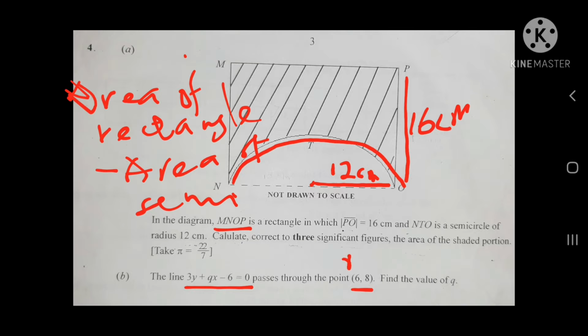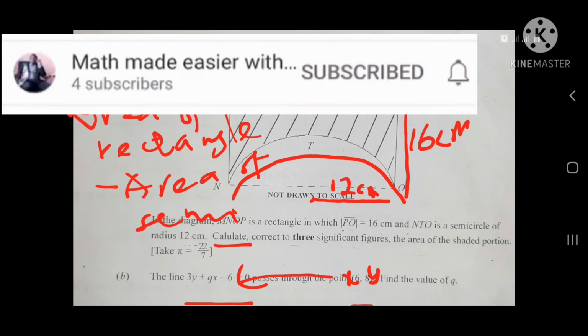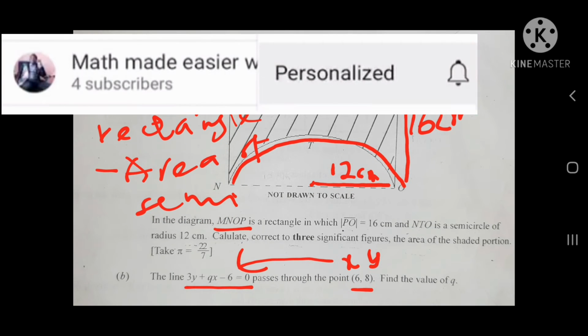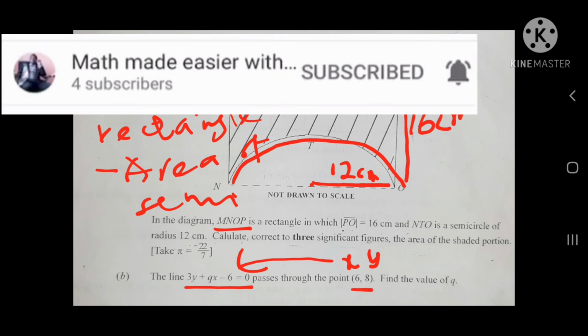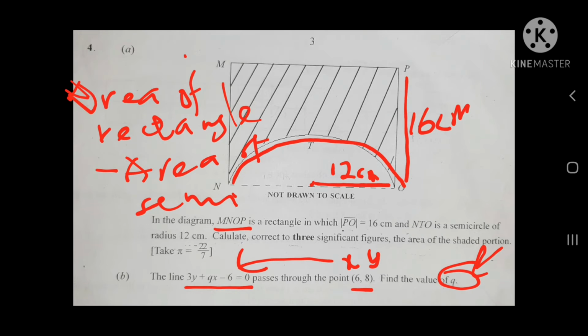That means the 6 should be the x and the 8 should be the y. We substitute it into the equation here and use it to find the value of q. And that is that. All right, so let's go to our board.